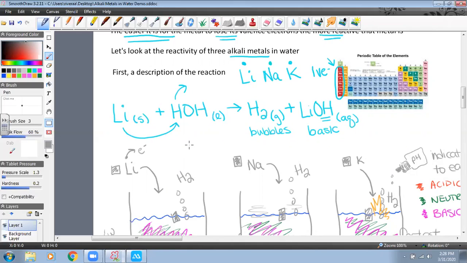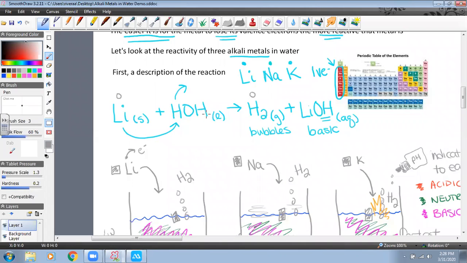So if I were to assign these oxidation numbers here, I would assign lithium, because it's a metal and it's a solid and it hasn't gained or lost electrons yet, a number of 0. And hydrogen, because that's the elemental state of hydrogen and it hasn't gained or lost electrons yet, I'm going to give it a number of 0.